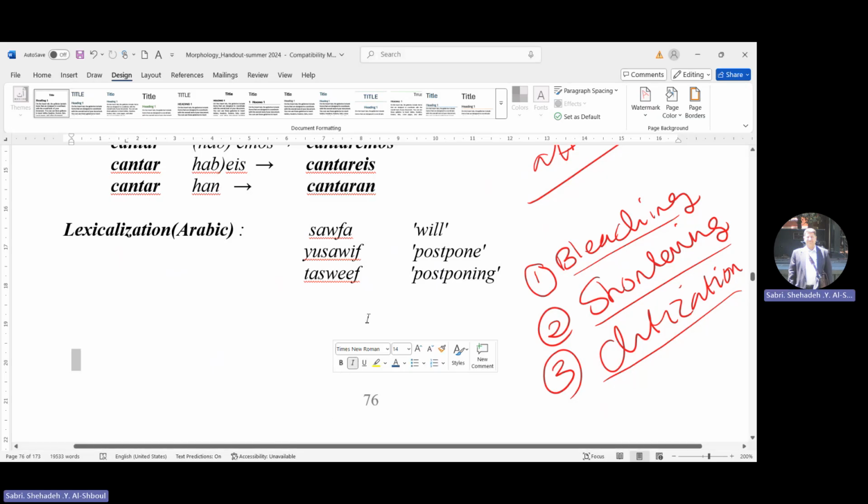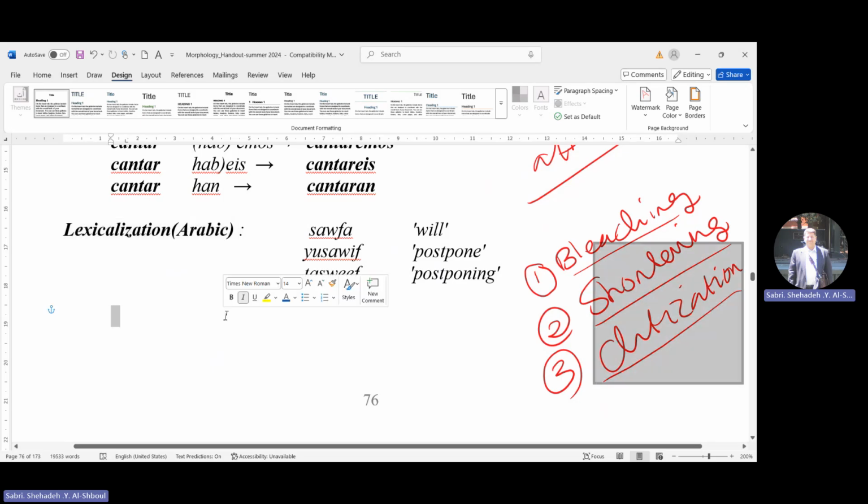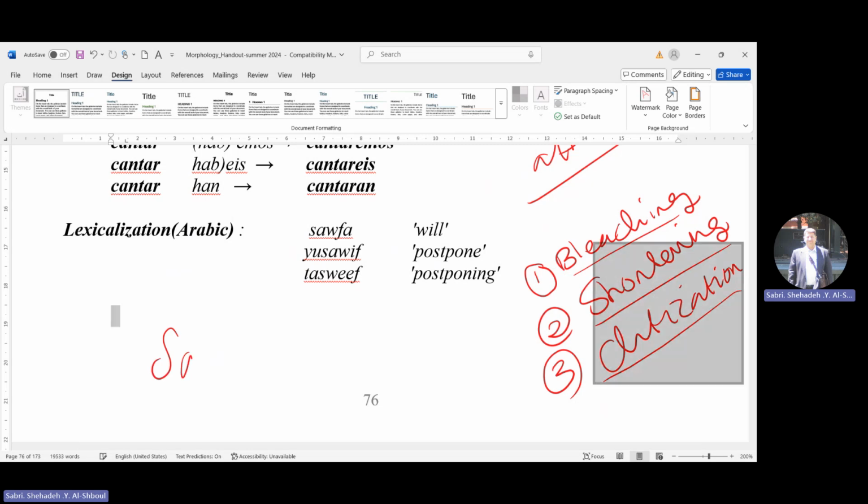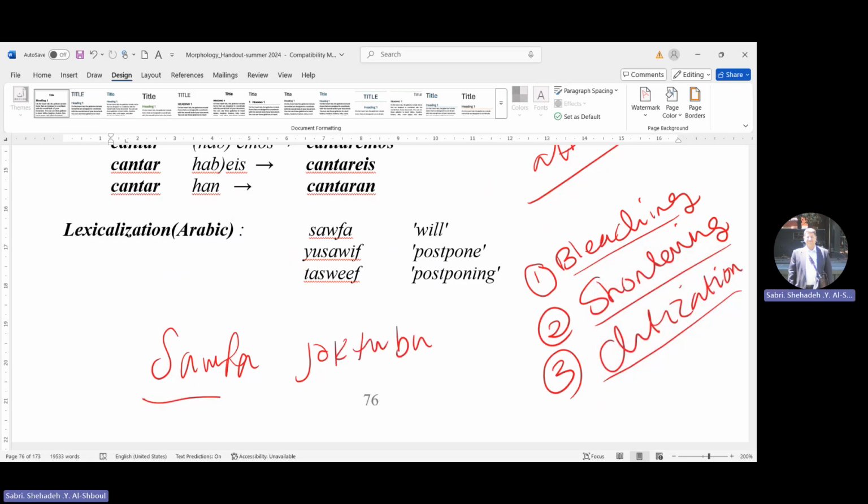So here, if we look into lexicalization, which is the opposite of grammaticalization, where a grammatical form turns into a lexical form, we have for the future marker sawfa, right? Sawfa is followed by the present tense form, so when you say sawfa yaktubu, we have the future marker, which is sawfa, and the present tense form, which is yaktubu.